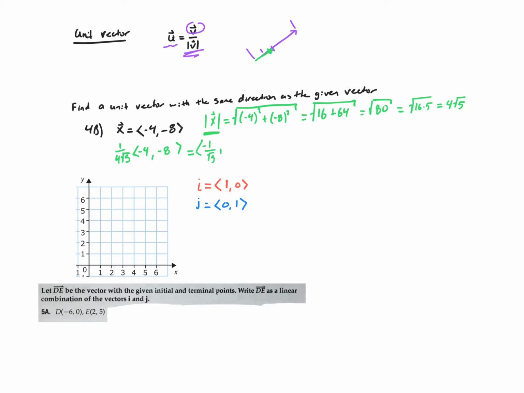And then this is going to give me negative 2 over square root of 5. We know better than to leave those radicals in the denominator, so I multiply by the square root of 5 over the square root of 5, so it's going to be negative root 5 over 5, and negative 2 root 5 over 5.